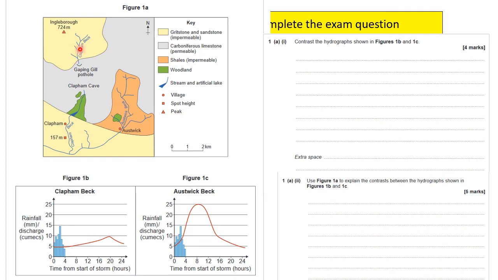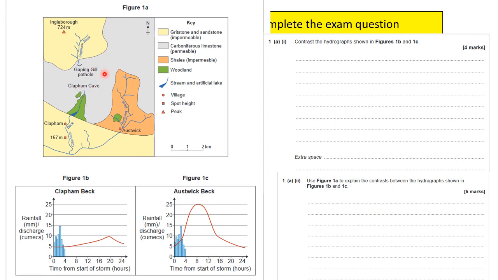Look, this river flows into the limestone, goes down a pothole, and comes out at Clapham Cave, and then flows on here. This is a famous caving area. In fact, I've caved in a number of the areas here. There's lots of underground water and rivers in this whole network.